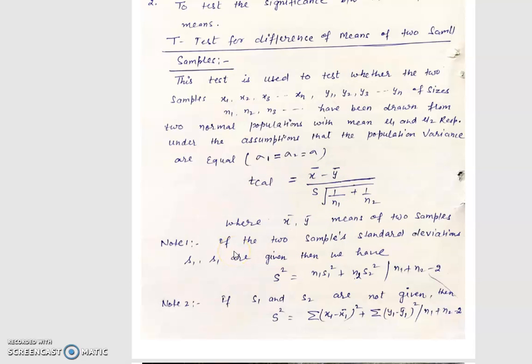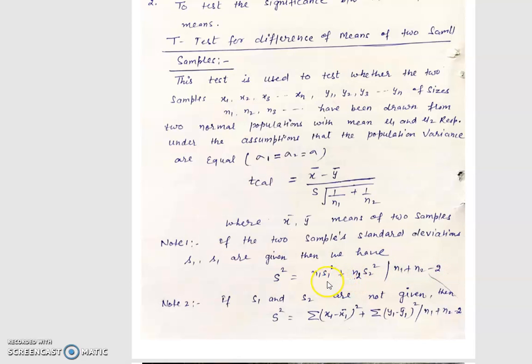And here note down these two important points. First point is, if two samples' standard deviations s1 and s2 are given, then the value of S square is n1 s1 square plus n2 s2 square upon n1 plus n2 minus 2.